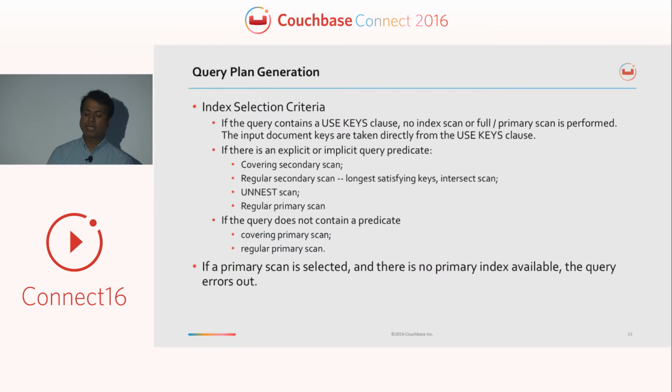If the query contains USE KEYS, that means we are not using any index at all, right? If no index are qualified, we use the primary scan, right? Primary scans are probably good to have when you're developing. You want to play with the queries. You want to understand what the results are coming in. That's all fine and good. In Couchbase, primary indexes are not mandatory.